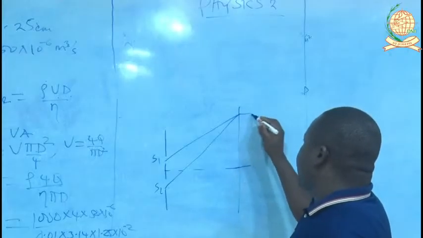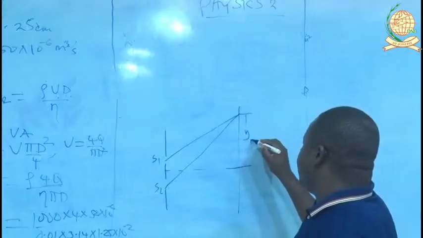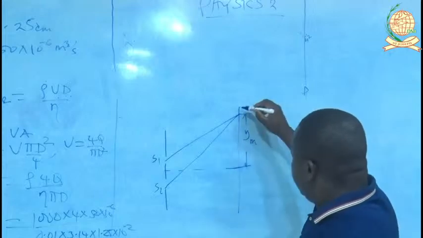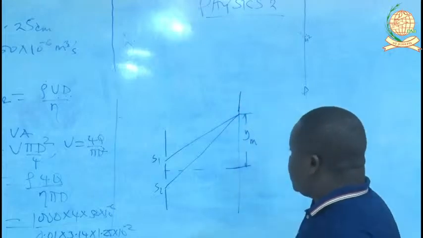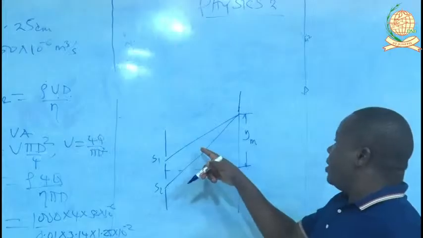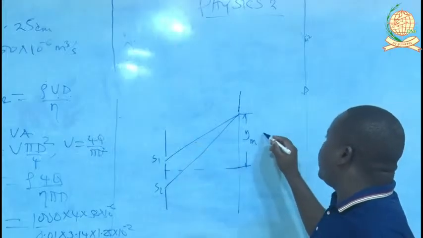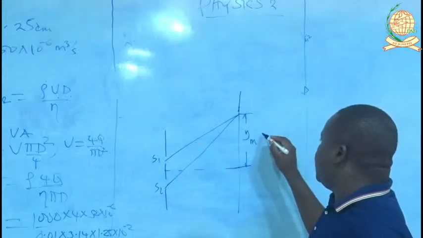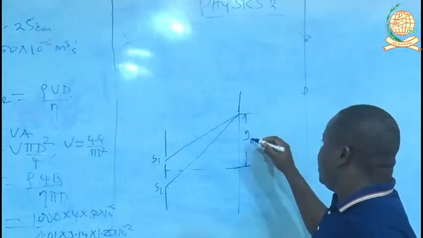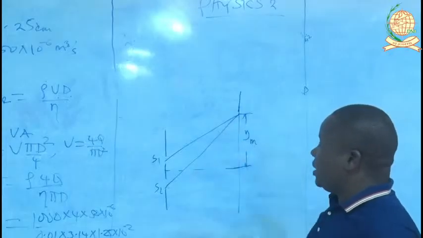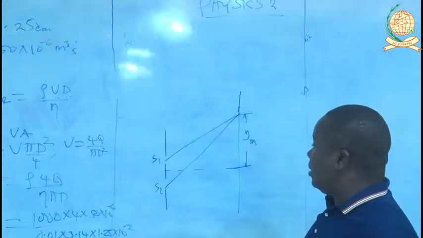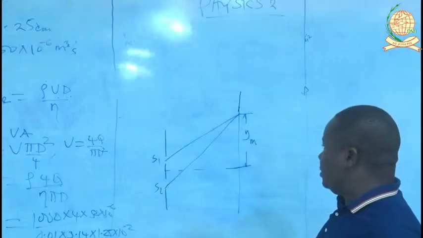So the length here is the fringe size, y. This is a normal fringe without any transparent material placed.